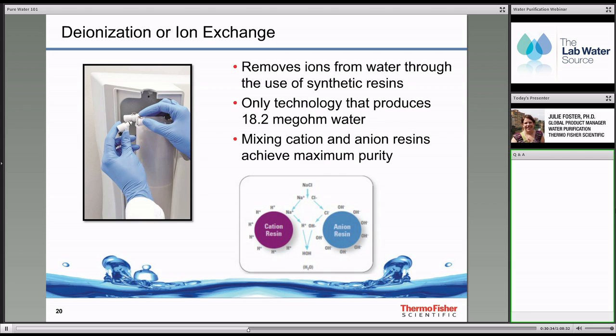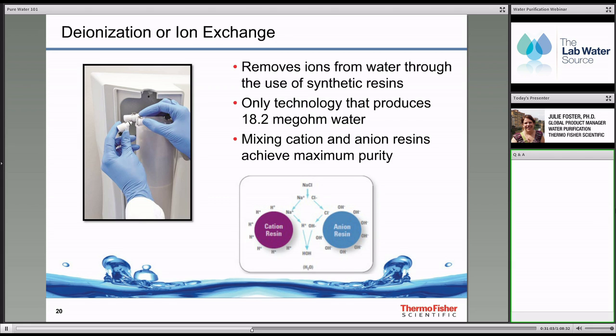It's a mixture of cation and anion resin. The cation resin removes positively charged ions, and anion resin removes negatively charged ions. Note that the resins are named for the type of charge that's attached. The actual charge on the resin bead is the opposite. For example, the cation resin has a negative charge, which attracts positively charged ions.